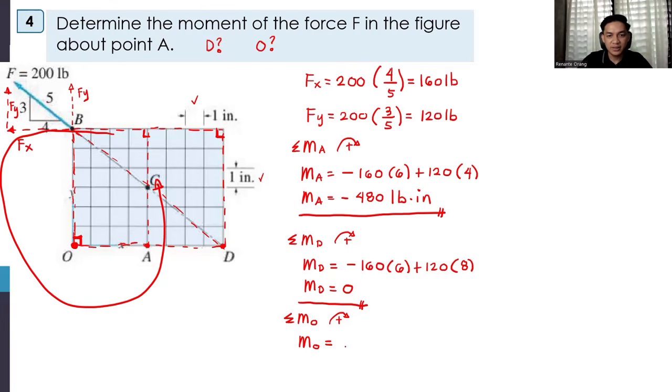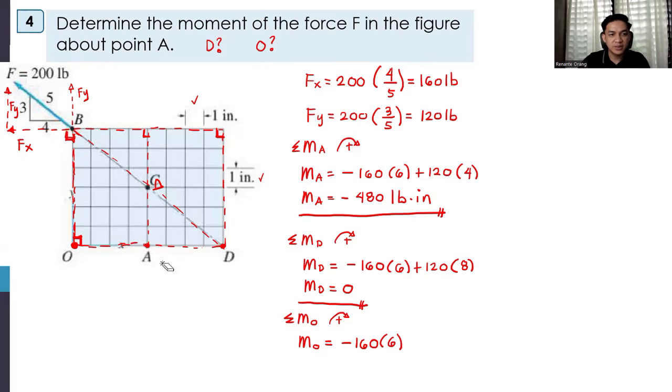So, ilagay natin dito, negative 160, kasi counterclockwise siya, multiplied by its lever arm. So, as you can see here, yung ating perpendicular distance is this one. Ito yung ating force X, ito yung ating point O. So, this is perpendicular. So, bilangin natin 1, 2, 3, 4, 5, 6. This is multiplied by 6.